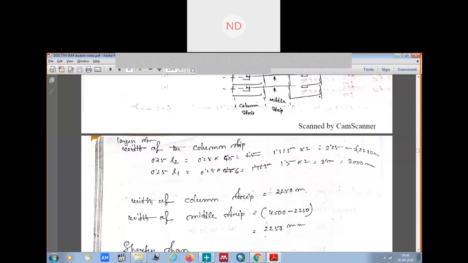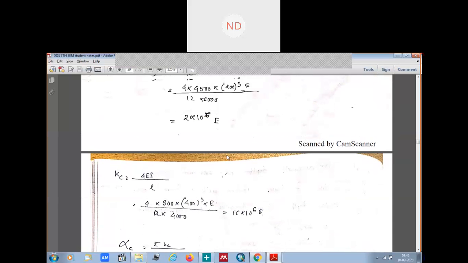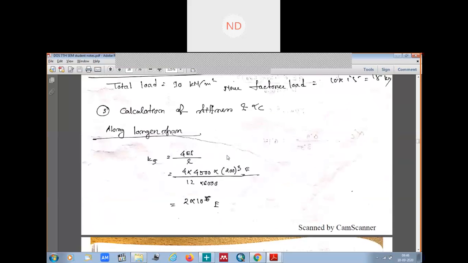If we go back to where we were calculating the depths, after we had assumed the overall depth, you can find out the effective depth in the second step only, or afterwards also you can assume and calculate. We had not assumed it, so we can assume now.